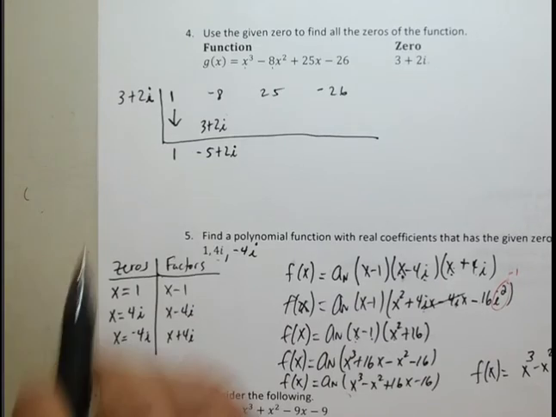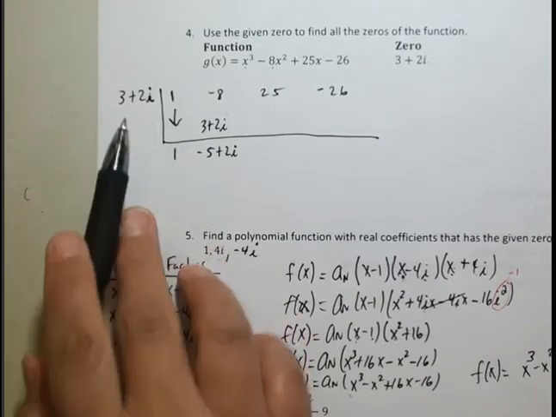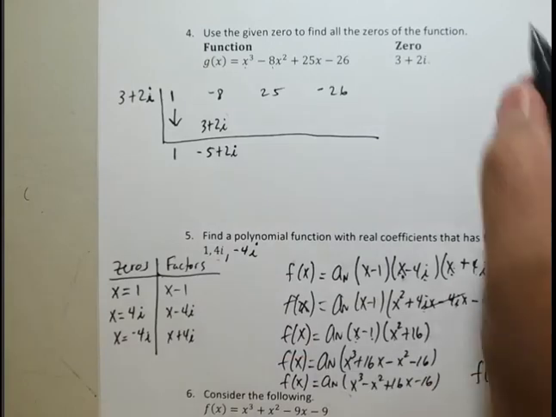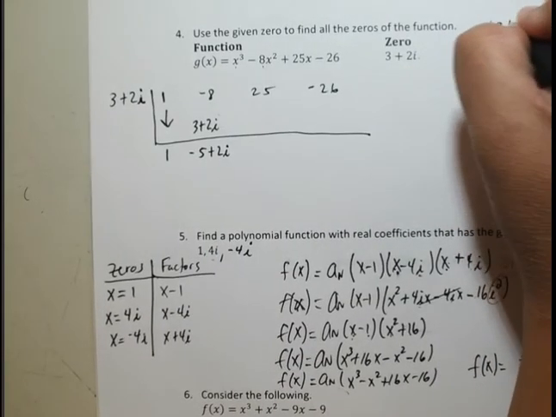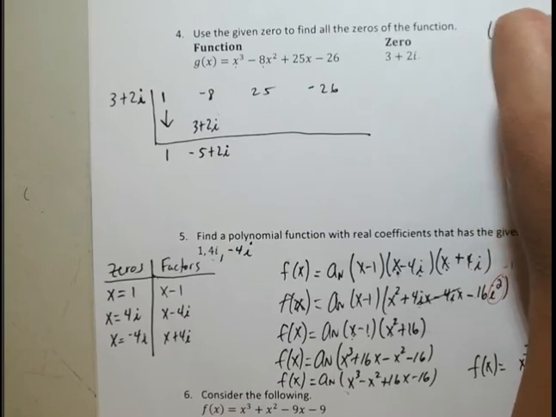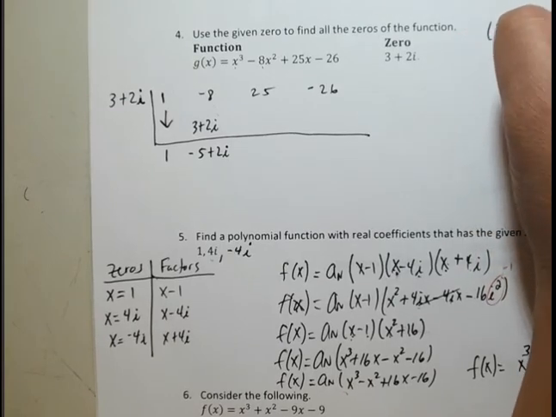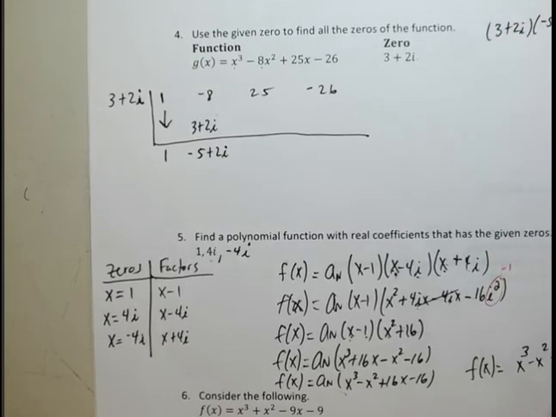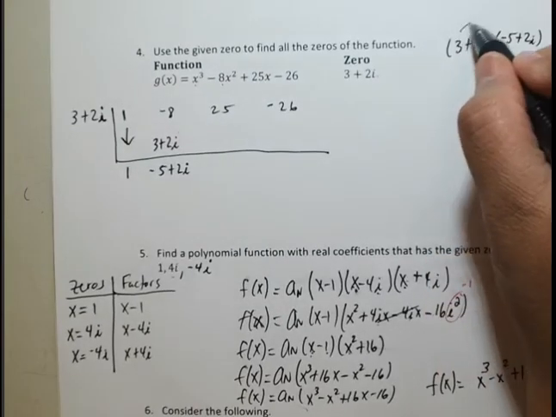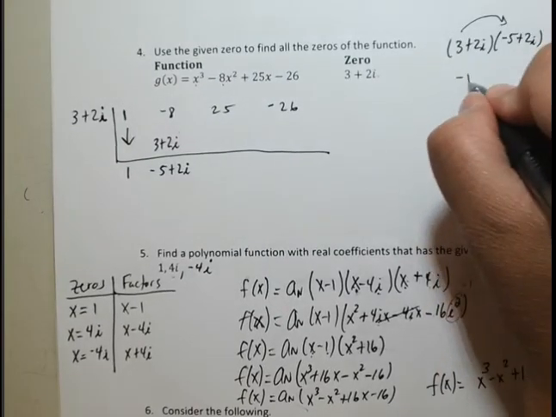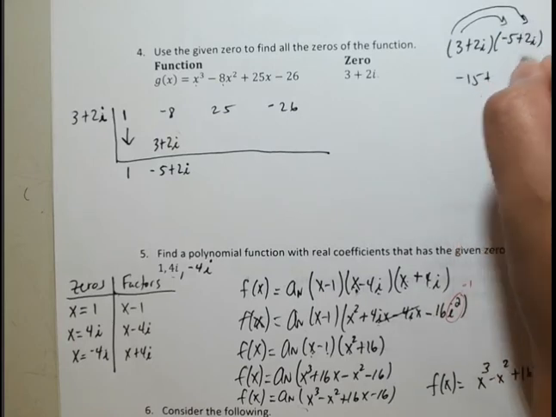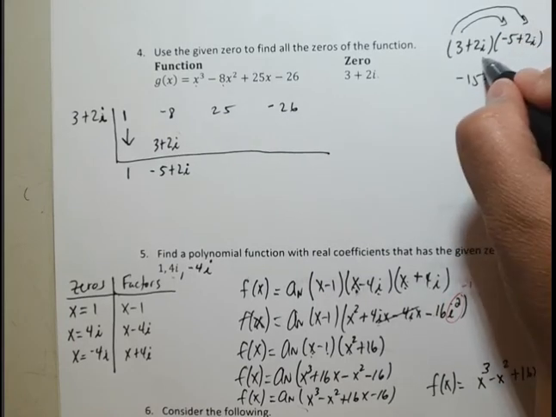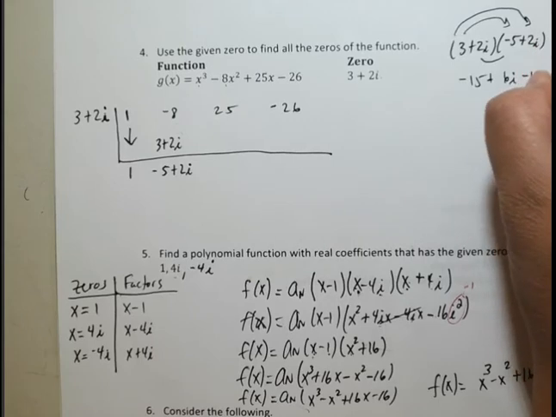Then your next step is to multiply this, right? So if we multiply that, I'm going to work it out on the side over here. So we have 3 times negative 5 is negative 15. 3 times 2i is 6i. And then negative 10i.